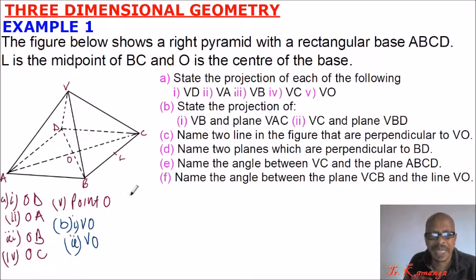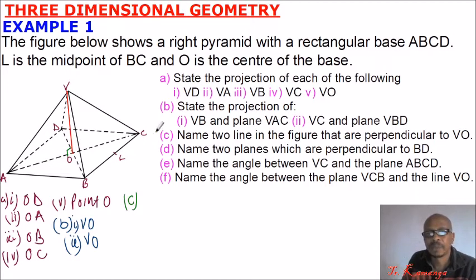We go to part C of the question. Name the two lines on the figure that are perpendicular to VO. Where is our VO? This is our VO. So the two lines which are perpendicular to VO, we can see here AC.